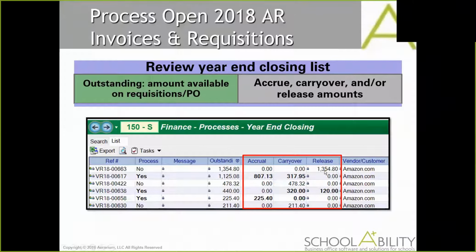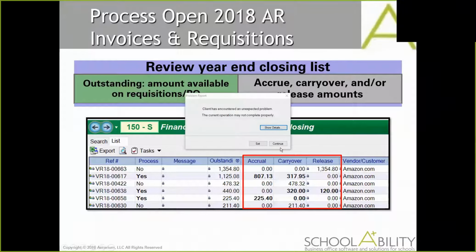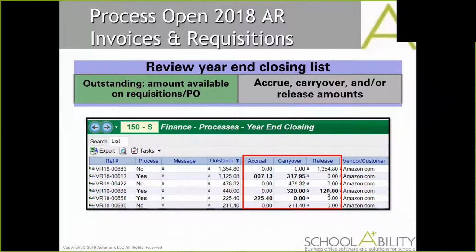But say in this case here, we want only $320 of this $440 requisition that's outstanding to carry over, and the remaining balance to release. We would just enter that amount here, enter the 320 on carryover, and then the system will actually roll over just the $320 requisition.